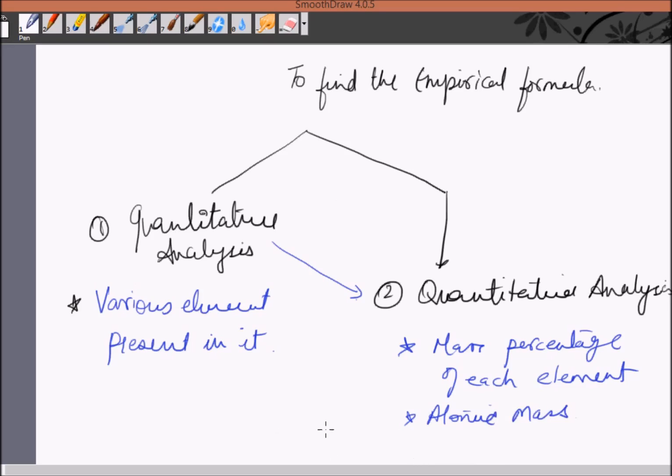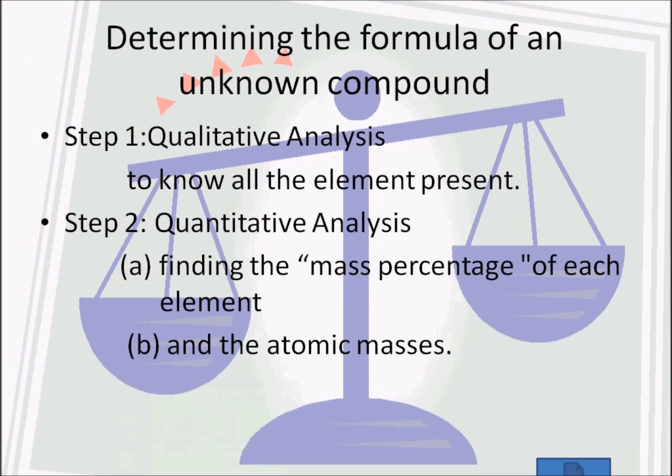So this is the analysis which we have to make to find the empirical formula. First qualitative, then quantitative. This is the summary: first we have qualitative analysis to know all the elements present. Second is the quantitative analysis, where we find first the mass percentage and then use the atomic masses to find the empirical formula of an unknown compound.